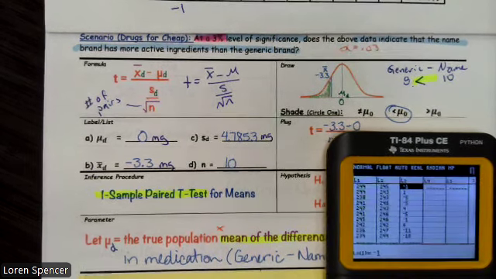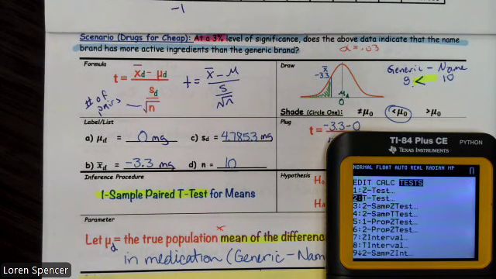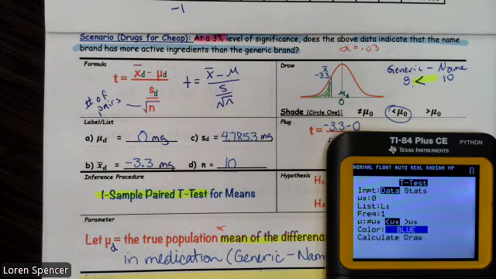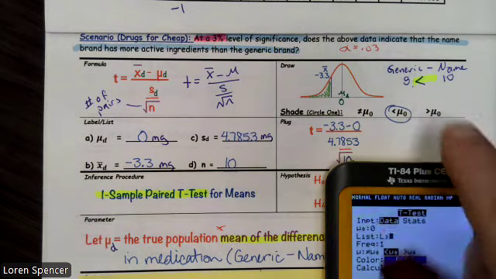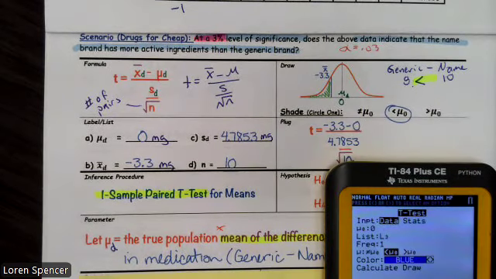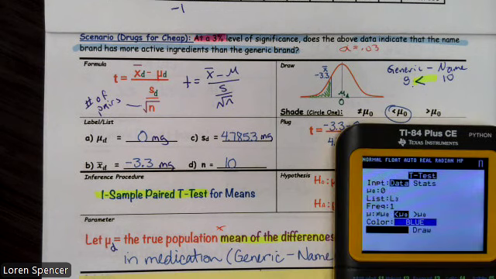Those were the differences, and that's what we care about. So stat, test, t-test. To get to L3, we press the blue button followed by the number 3. And we chose a less than because we thought the generic had less than the name brand.